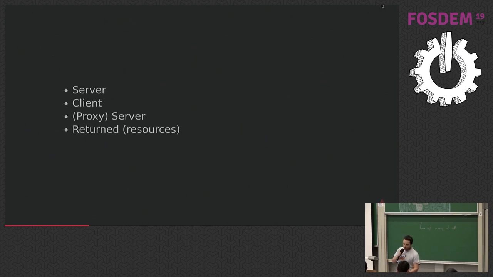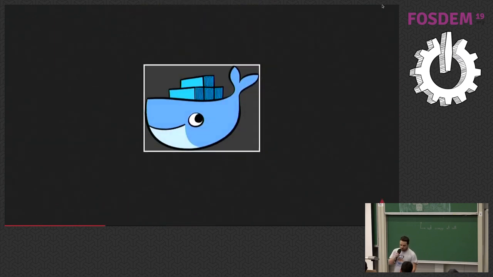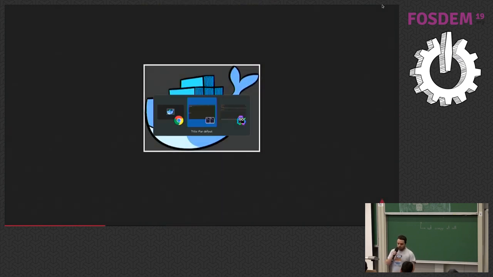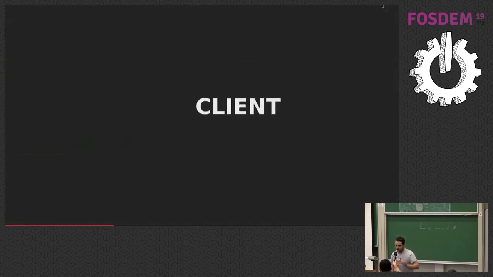So, the first thing, the server. I think that today, the simple way to have a server is just to launch a Docker container. So, we will use a Docker container. I prepared a container to show you all the use cases. So, thank you. I will run this container. Okay. Thank you. And so next, we will need a client.